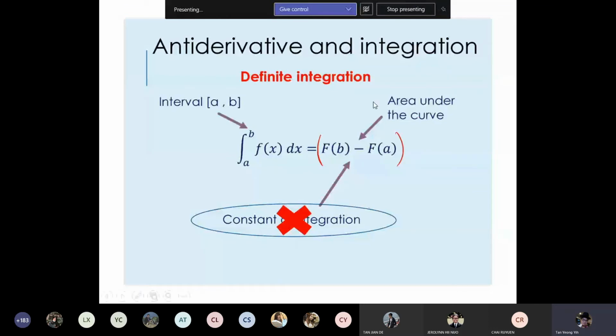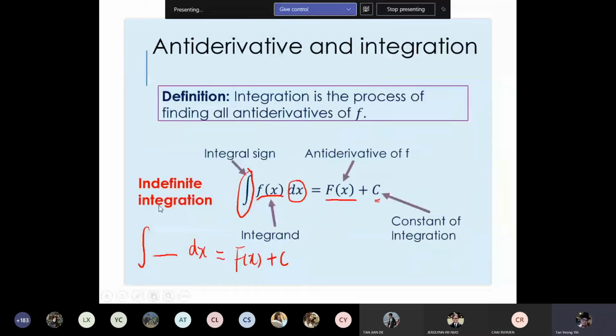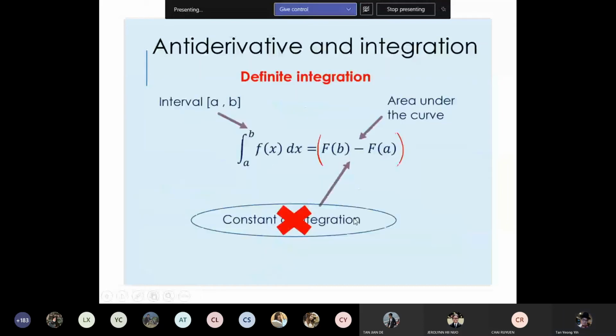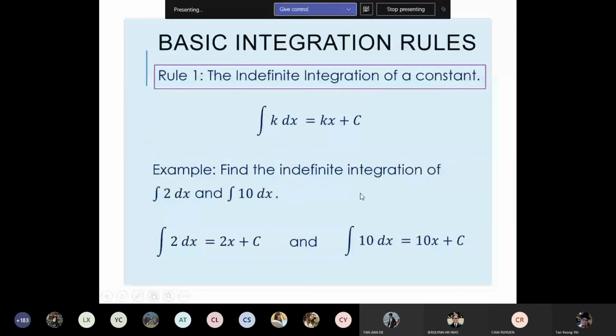We will talk about the detail later when we talk about the application. In this slide, you need to know that with numbers, it is definite integration; without numbers, it is indefinite integration.